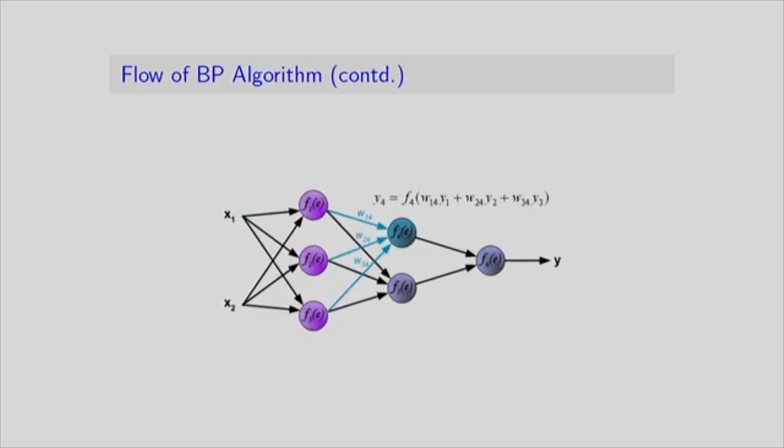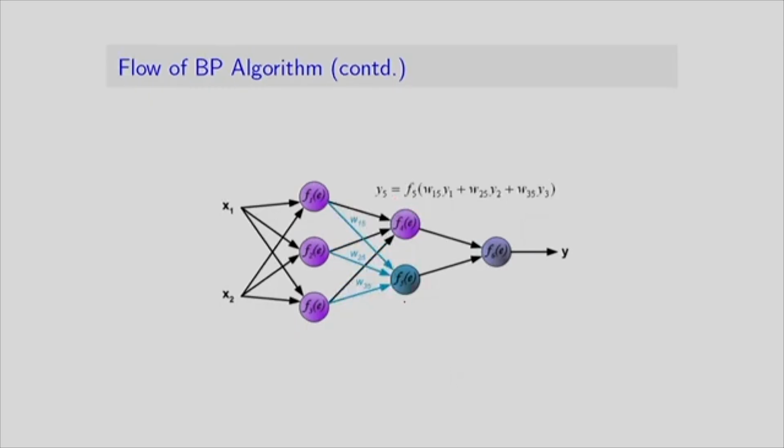After this we consider the second hidden layer, and we can determine this activation, or output, like this: f4, the activation function, of w14 into y1 plus w24 into y2 plus w34 into y3. So that we are determining, and after this we consider the second node, and we get the output y5.